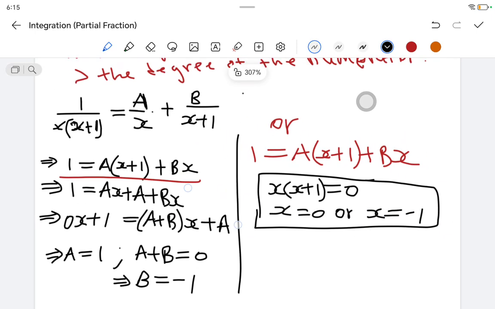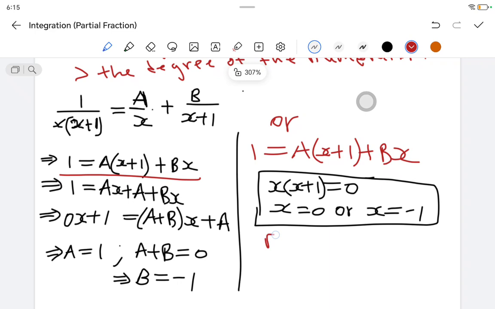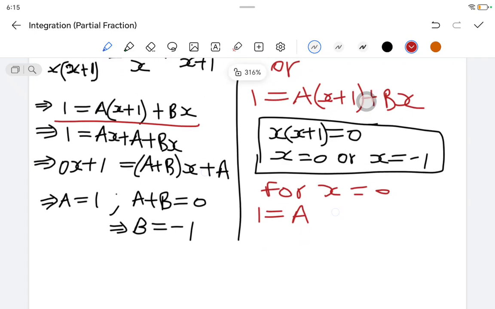Now for x equals 0, I'm going to get that 1 is equal to a. I'll just substitute 0 here, substitute 0 here, so those will go.